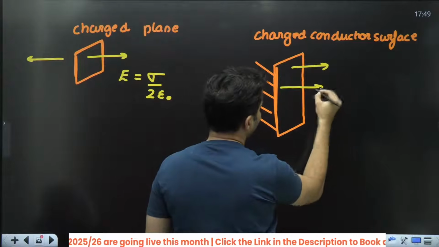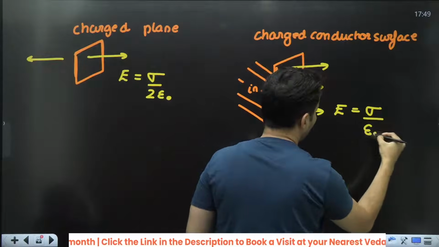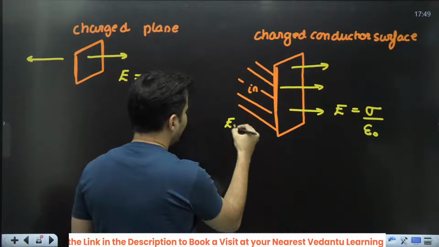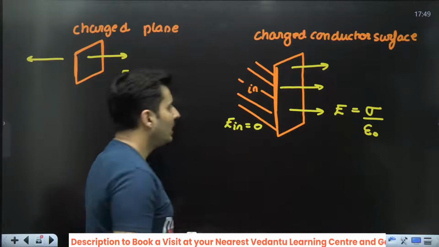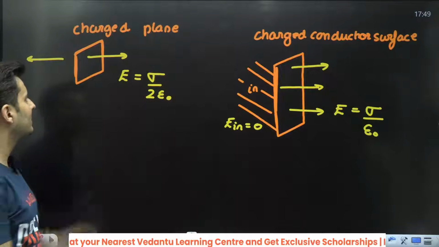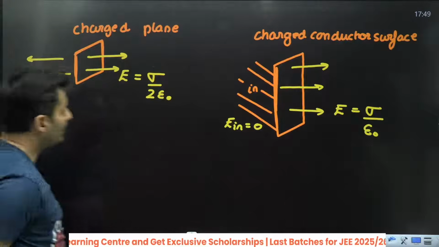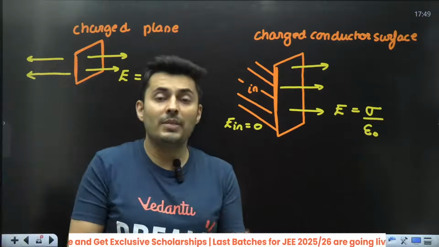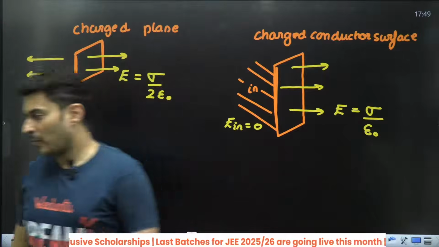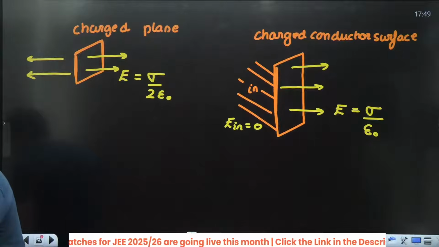Remember, electric field lines are only going to be outside, and then it is just given by sigma by epsilon naught. Electric field inside is always 0. It is only going one side, so that number 1 is there. When it goes both the sides, then you will see that the number 2 will be there. That's how I remember, and in fact, that's how I made you remember it. Right? That is how it is.